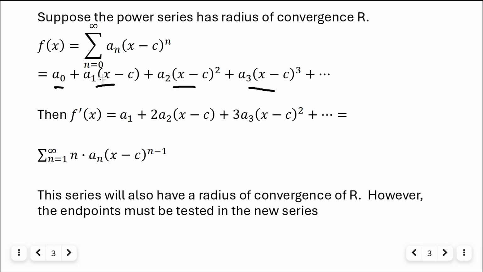The derivative of a1 times (x minus c) would be a1. The derivative of a2 times (x minus c) squared: leave the a2, this is a power rule problem, bring the 2 down, leave the (x minus c), and put the power to the first. And then the same thing here: leave the a3, bring the 3 down, take 1 from the power, and we can do this forever.